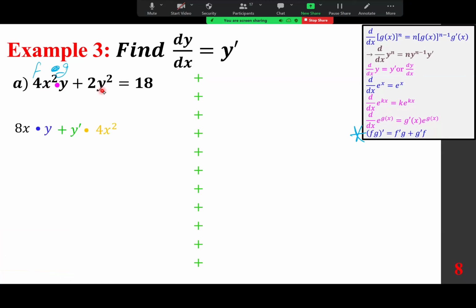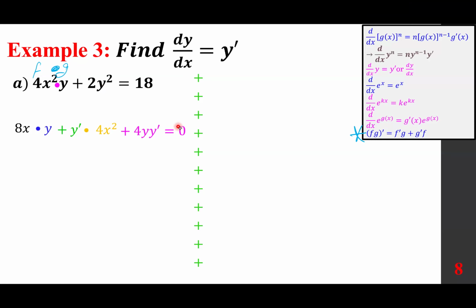Now move on to 2y squared, and I follow that the derivative of y to the power of n is n y to the power of n minus 1 y prime. That gives us plus 4y y prime. Any number, including 18, its derivative is 0. Again, done with calculus.